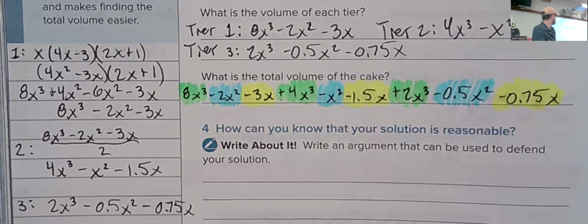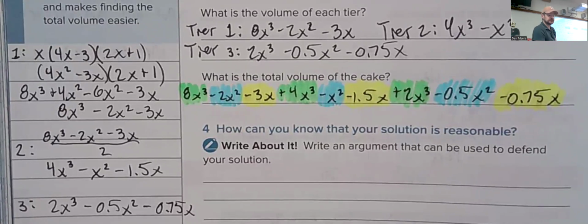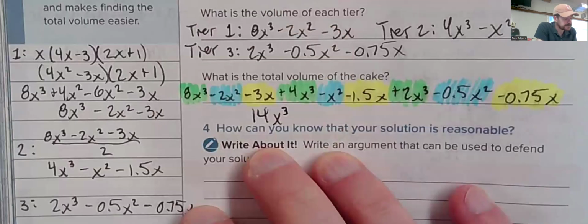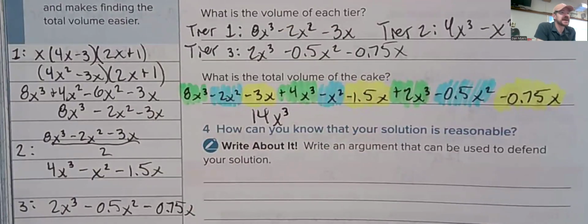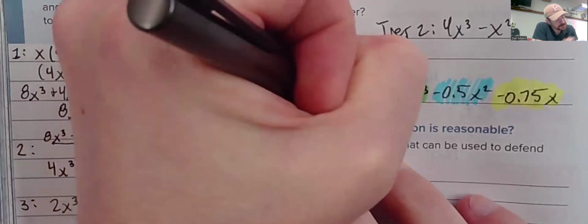8 plus 4 plus 2, 14. All right, so 14x cubed. Negative 2 minus 1 minus a half: negative 3.5, so minus 3.5x squared.